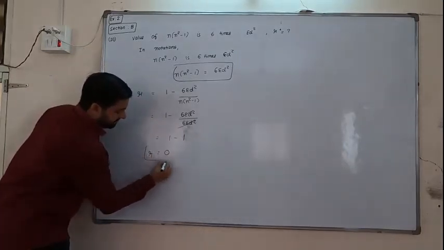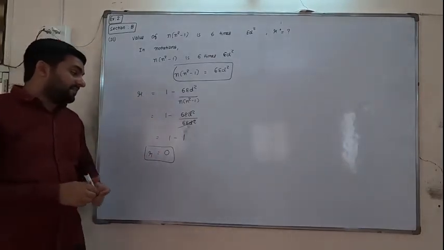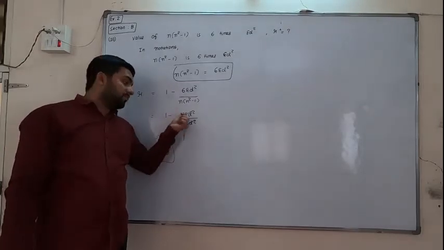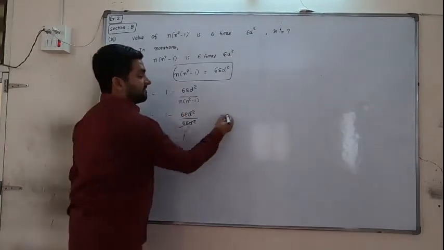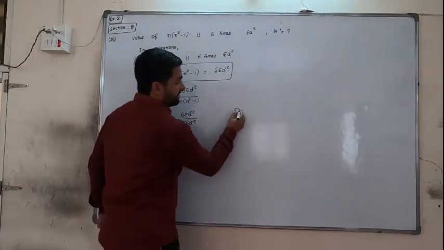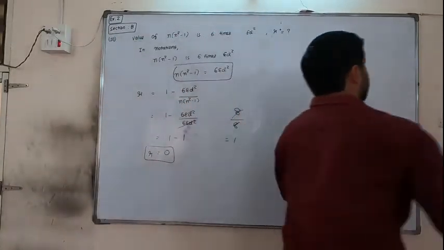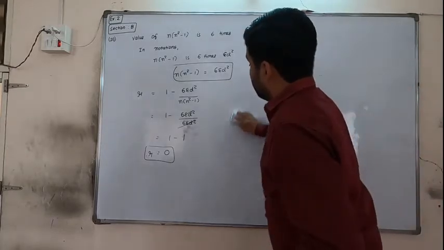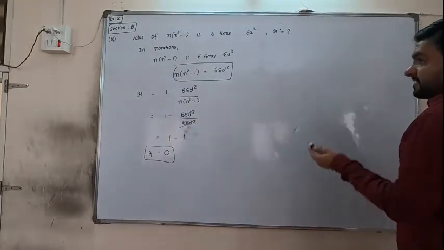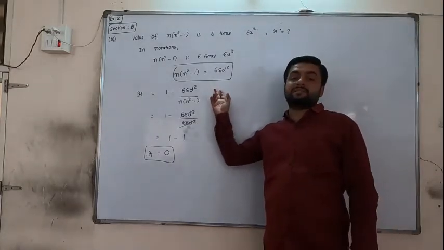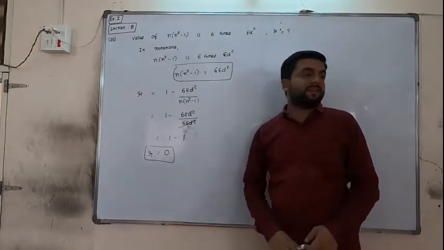So R is 0. Normal people will keep this 0. No, not 0. We are cutting both the terms like this. If it is 8 by 8, then we are cutting 8 by 8 and writing 1. We are not writing 0 actually. Okay? So R is 0. This is a 1 mark sum, but if you don't understand this notation, then it is very difficult.